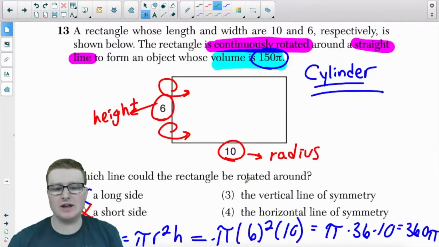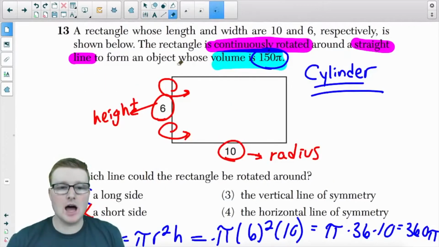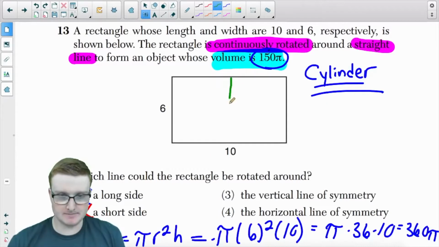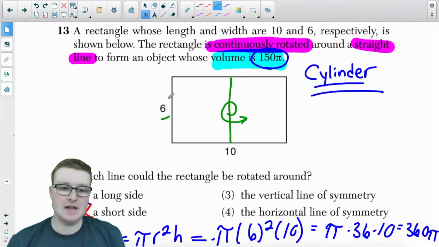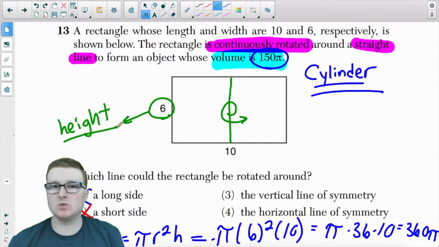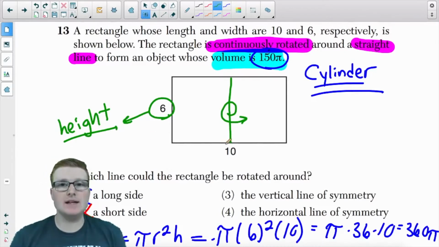Now, let's take a look at choice 3, the vertical line of symmetry. Okay, this is tricky. The vertical line of symmetry is here. You're spinning it around like this. This 6, without a doubt in your mind, is the height. The problem is, what is the radius? The radius is not 10, it's 5.